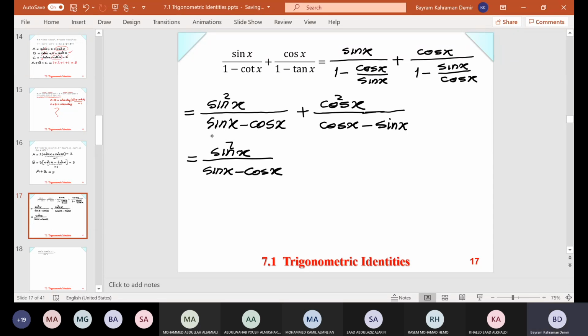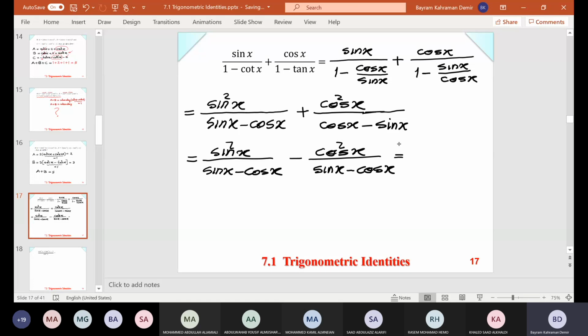And the second one will be minus cosine squared of x divided by sine minus cosine. Just make sure you understood this step. Everybody clear? All right.